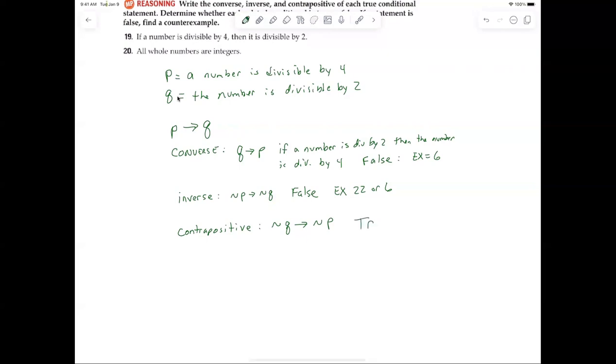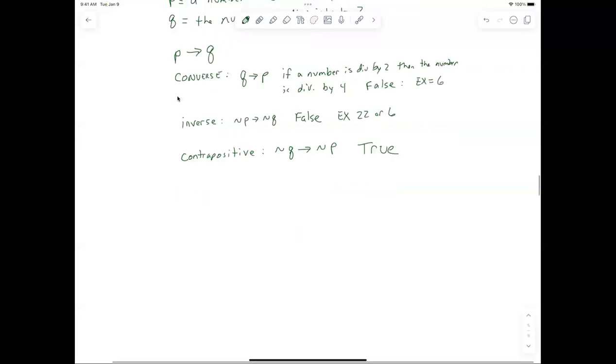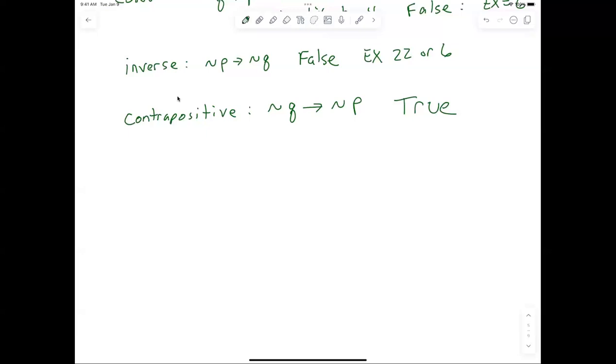Now, the other thing I'd like for everyone to write down here is: if the conditional is true, the contrapositive is always true.